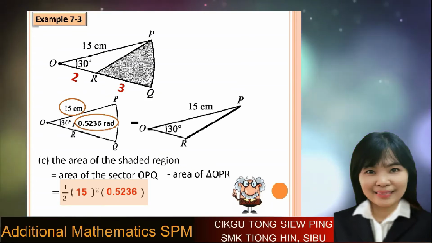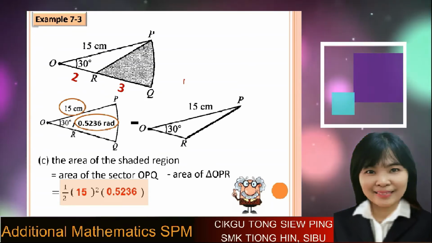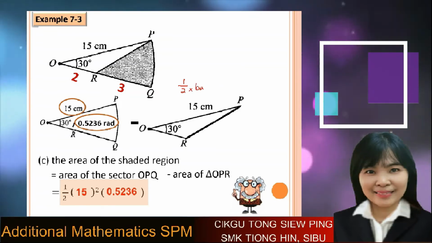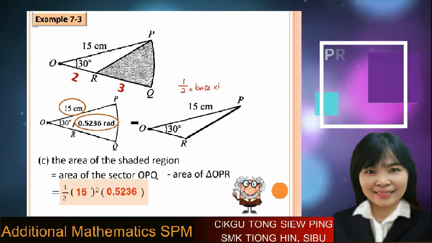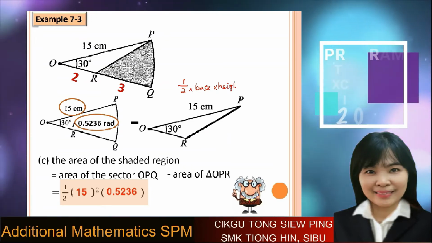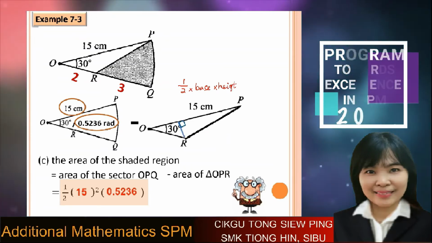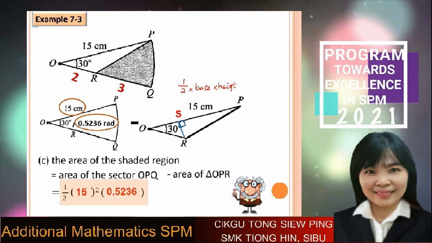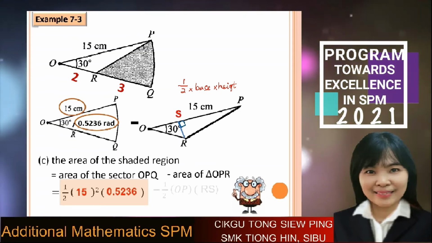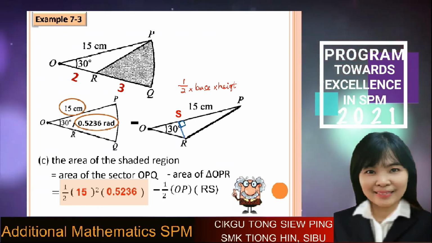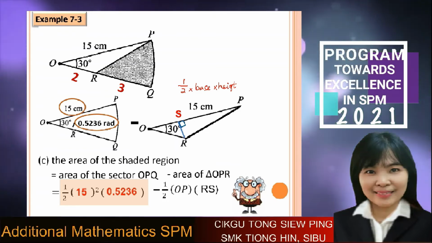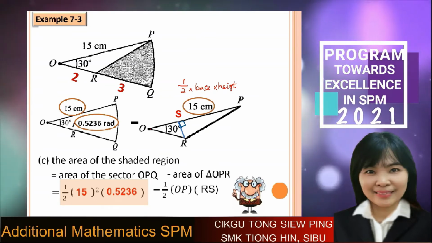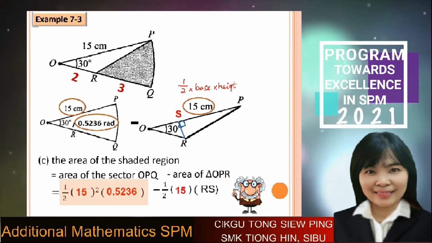The area of triangle is given by this formula 1 over 2 multiply with the base multiply with the height. So we let RS be the height of the triangle. Then area of this triangle will be given by 1 over 2 multiply with OP multiply with RS. I will substitute 15 into the OP.